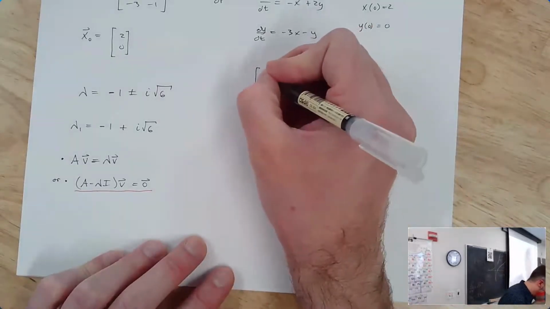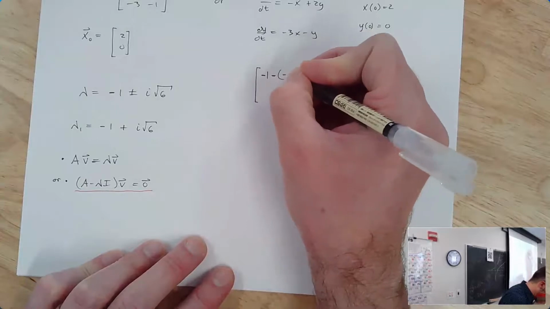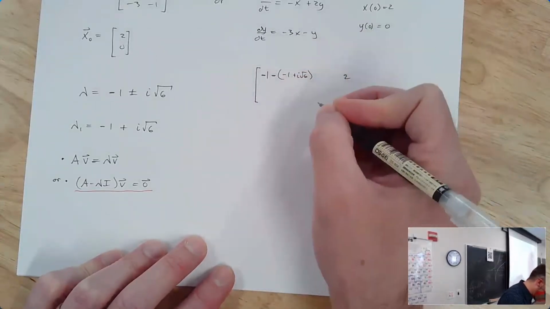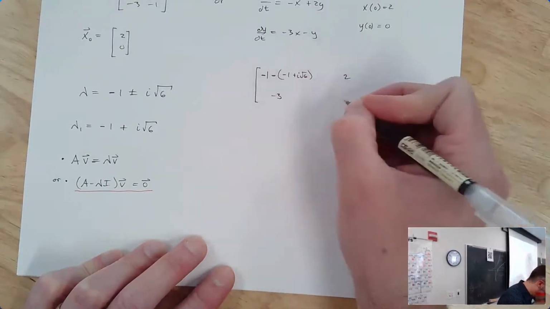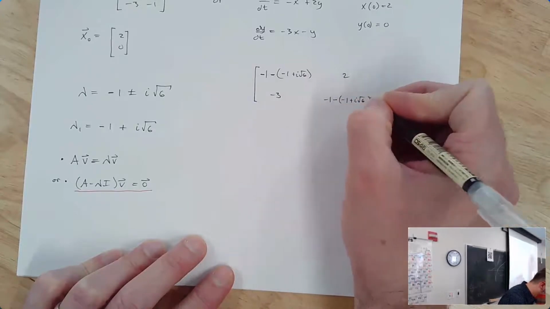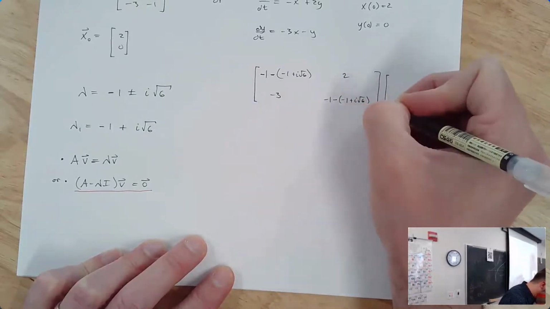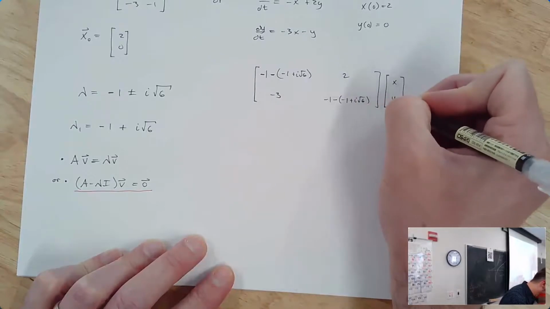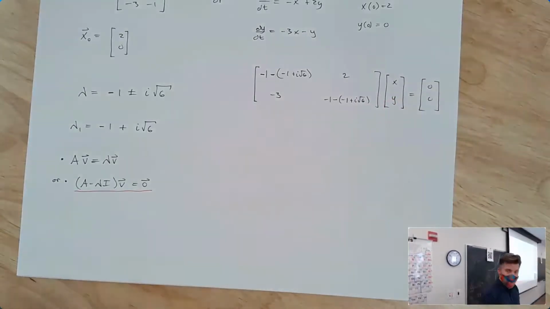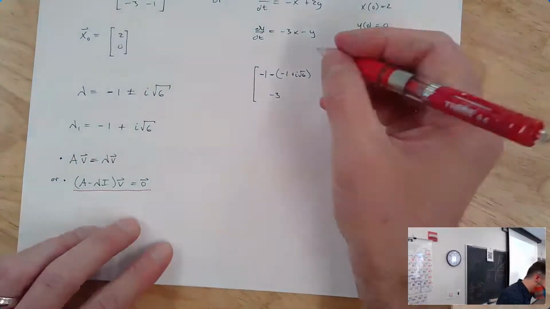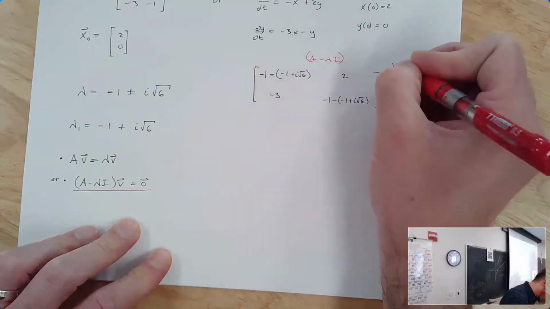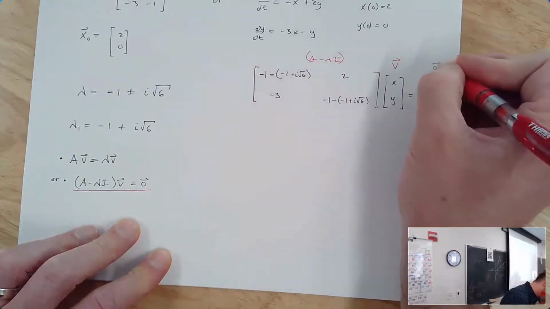So I have -1 minus (-1 plus i root 6), and then 2, and then -3, and then -1 minus (-1 plus i root 6), times the eigenvector that I don't know equal to 0, 0. That's my A minus lambda I times B equal to 0.